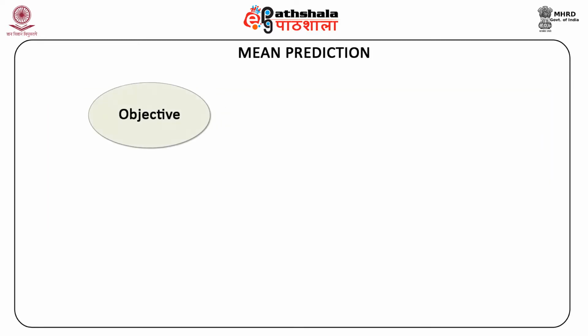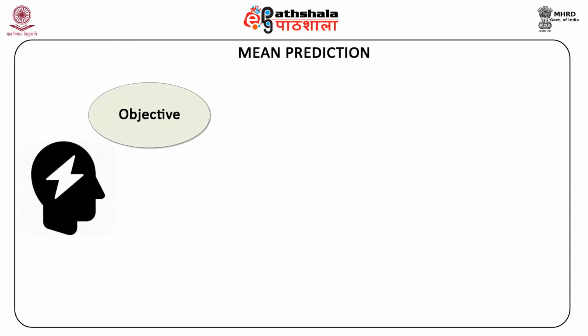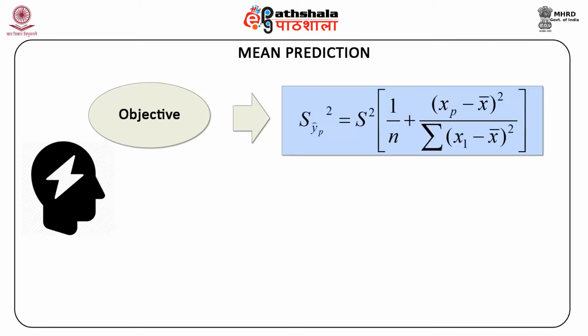Since our objective is to know how close y hat p is to the true mean value of y, we have to make an inference about the sampling distribution of y hat p. For the purpose, we have to estimate the variance of y hat p. It is computed as s squared of y hat p equal to s squared times bracket 1 divided by n plus (xp minus x bar) the whole square divided by sigma (xi minus x bar) the whole square, bracket close.